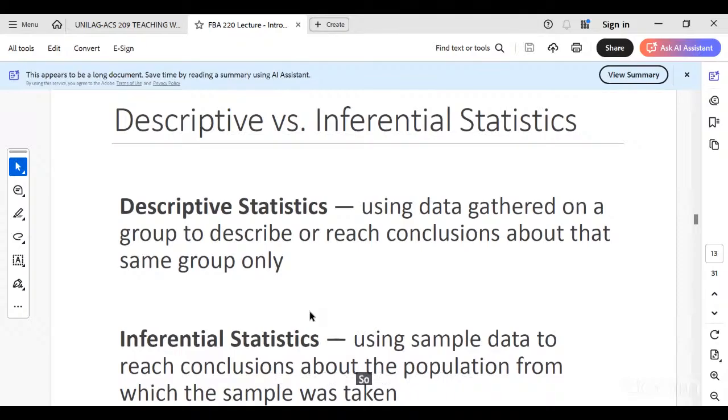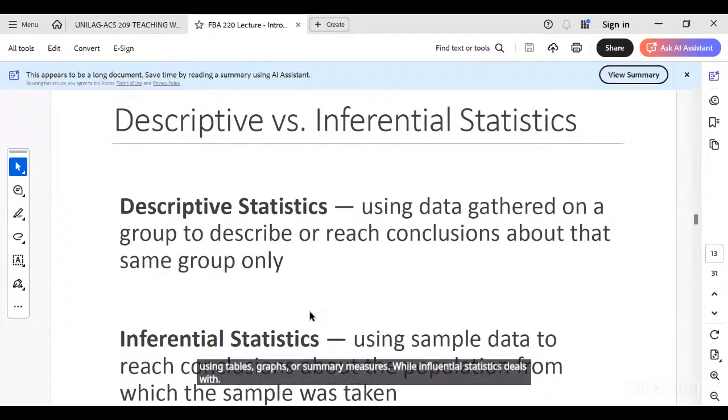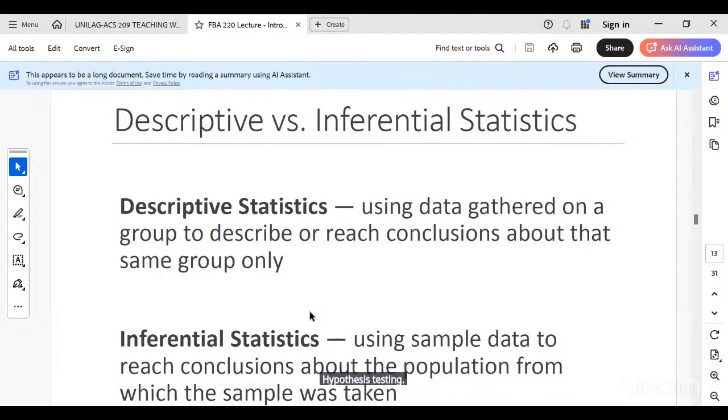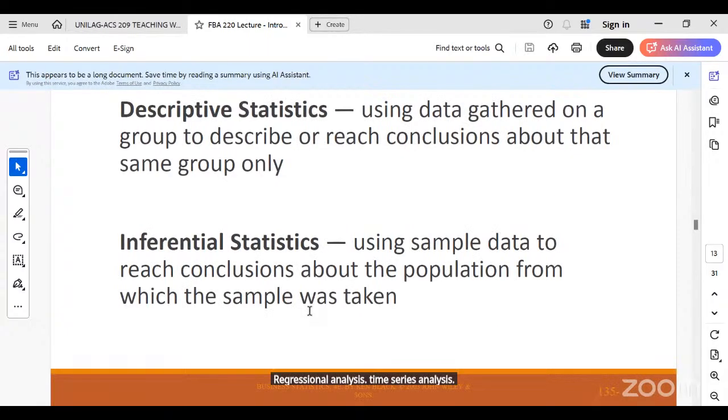So our statistics could be descriptive and it could be inferential. Descriptive deals with describing our data using tables, graphs, or summary measures, while inferential statistics deals with hypothesis testing, probability estimation, regression analysis, time series analysis, and so on.